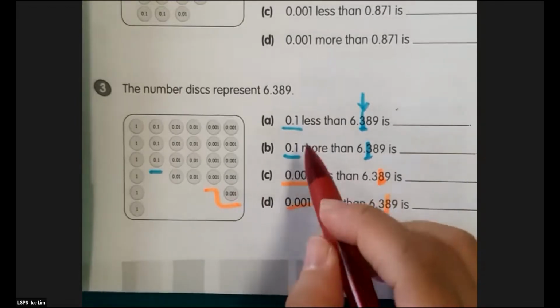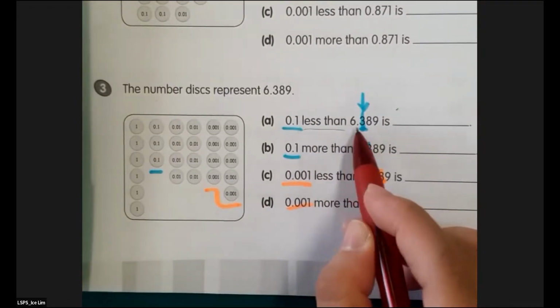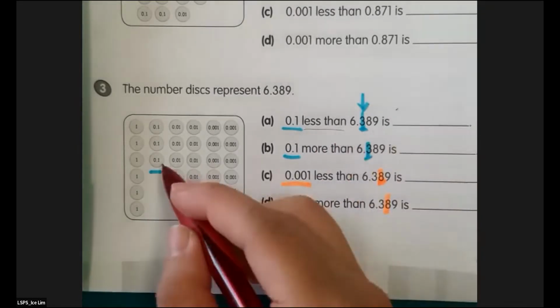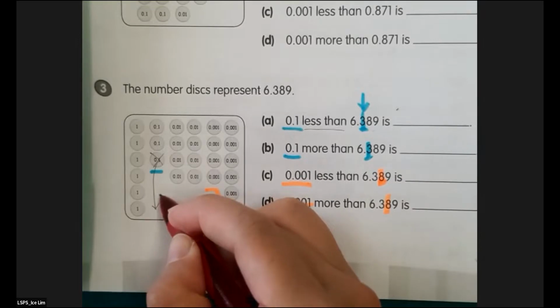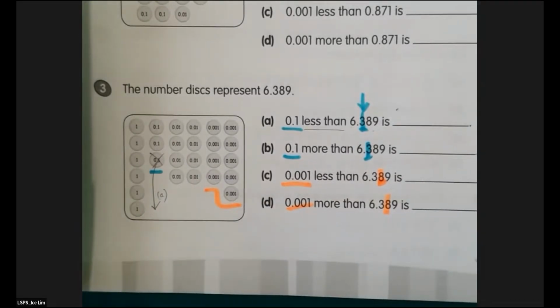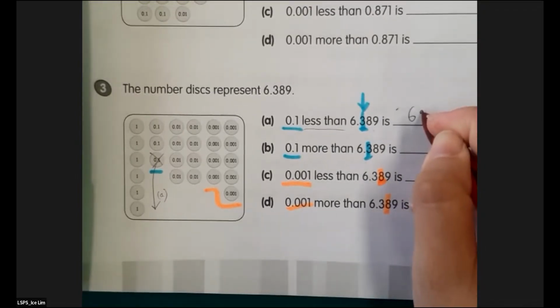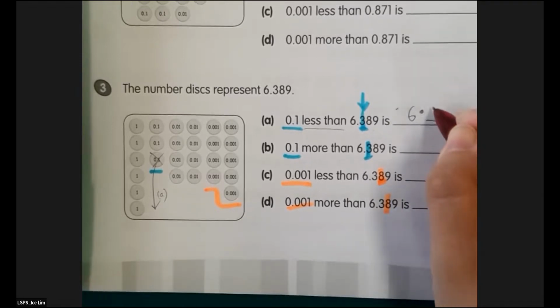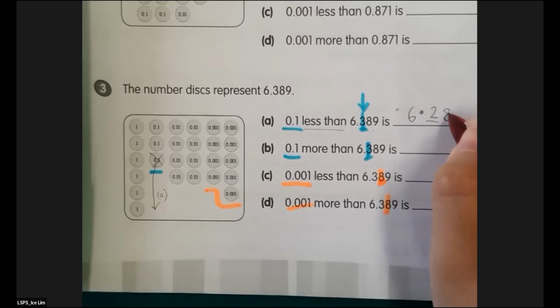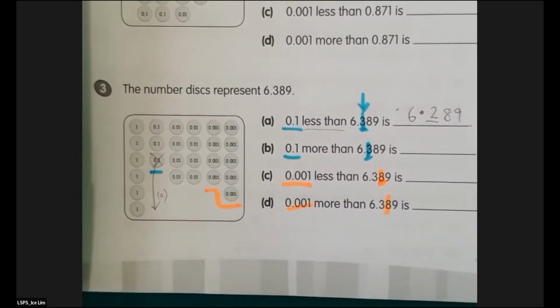When I talk about 0.1 less than this, that means I'm doing the action of taking away 0.1 at the tenths place. So at the tenths place, this digit will drop 1. At the tenths place, that's minus 0.1, and that's how I got 6.289.